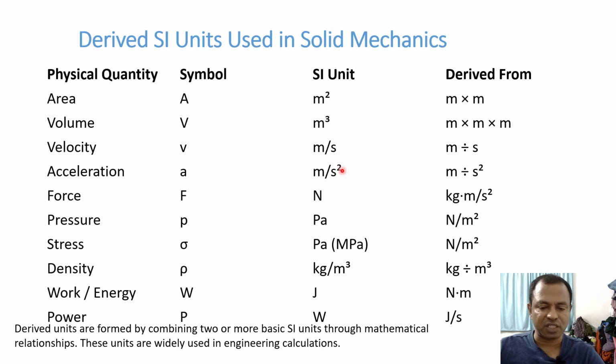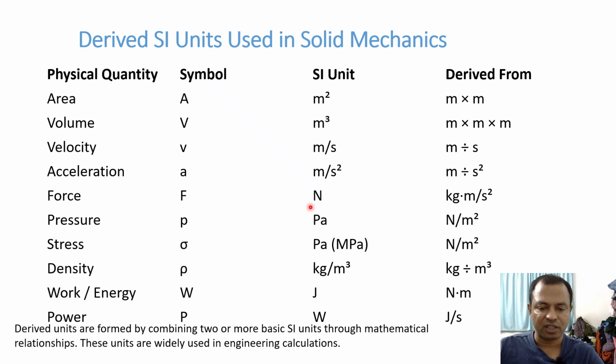So velocity, we know that it is distance by time. So meter, unit of distance, divided by second, that is a unit of time. So meter by time, that is meter per second. Then acceleration, meter per second square.